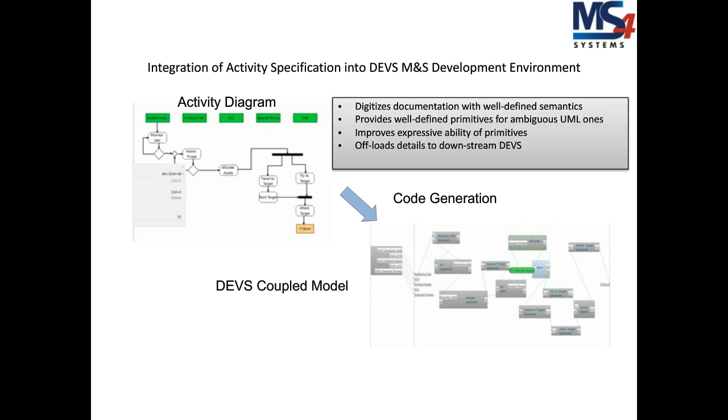And it improves the expressive ability of these primitives, the decisions, the forks and the joins that are the basis for activity diagrams, and then offloads or pushes down the details further to the DEVS model. So at this point, I may be able to run a video.